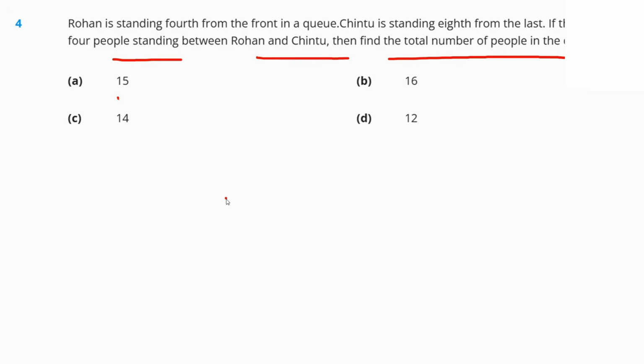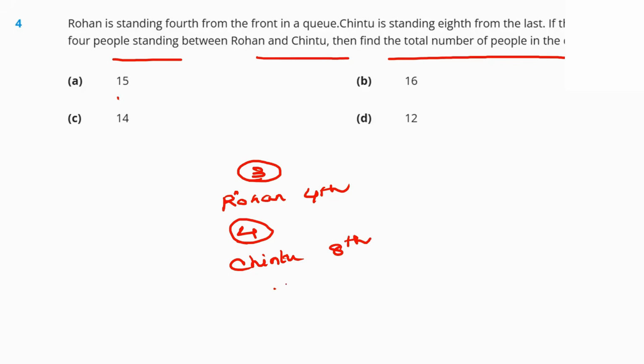Rohan is standing fourth from the front of the queue. That means 3 people ahead of him. There are 4 people in between Rohan and Chintu. After those 4 people, Chintu is here. And Chintu is 8th from the last, which means 7 people below him.